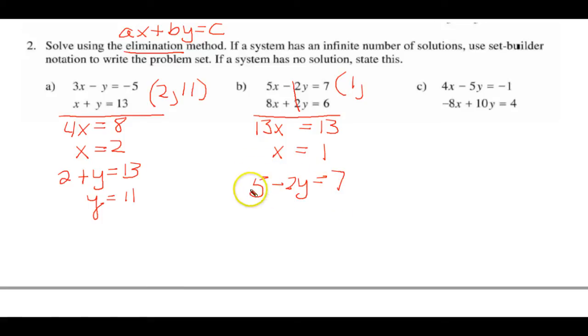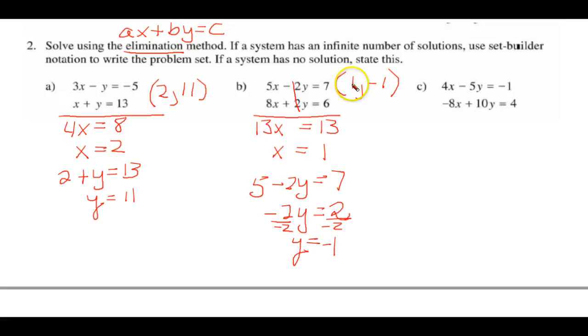Transpose the 5 to the other side. That becomes 2y equals, on this side it's a negative 5, so this is a 2. And divide now both sides by a negative 2. Let me just show you that. Negative 2. Negative 2. This is a negative 1.